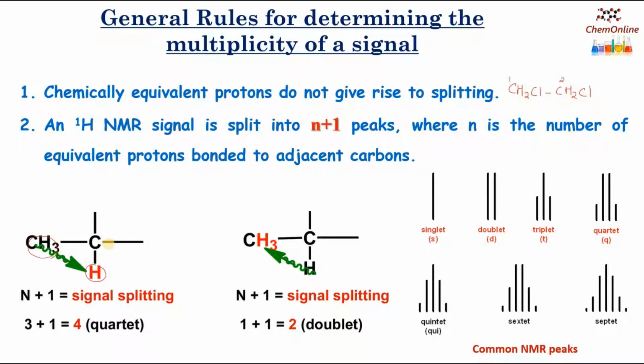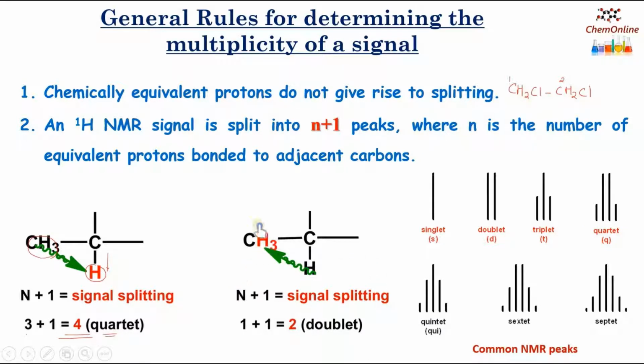According to the rule, a signal will be split into n plus 1 peaks, where n is the number of equivalent protons on the adjacent carbon. On the adjacent carbon, we have CH3, that means 3 protons. So according to the n plus 1 rule, it is 3 plus 1 equal to 4. That is, the signal due to CH proton will be appearing as a quartet. A quartet means 4 lines. As you can see here, this is a quartet.